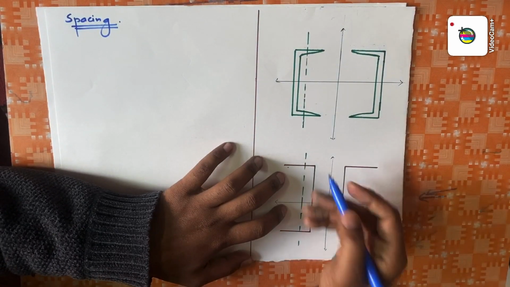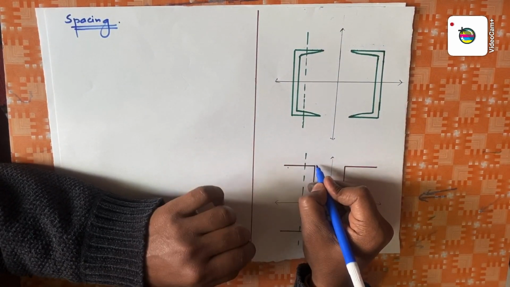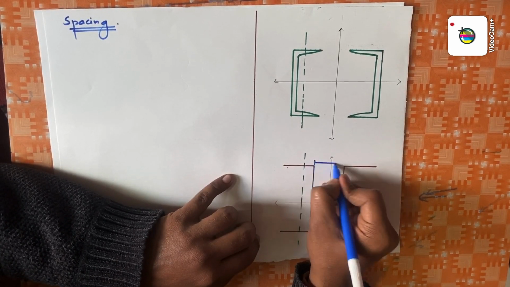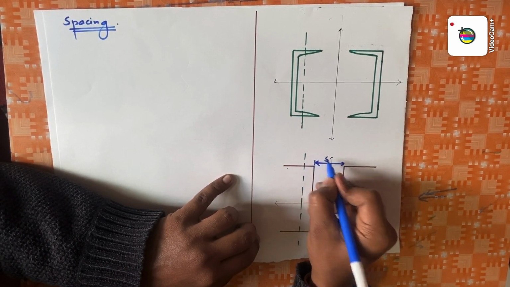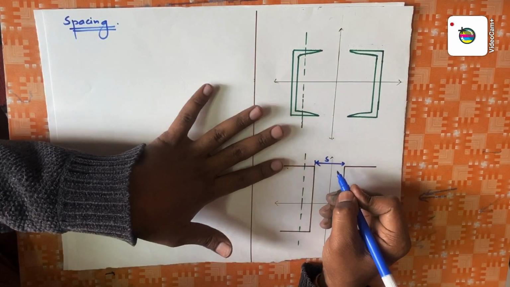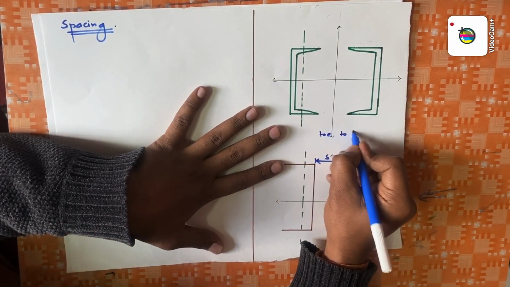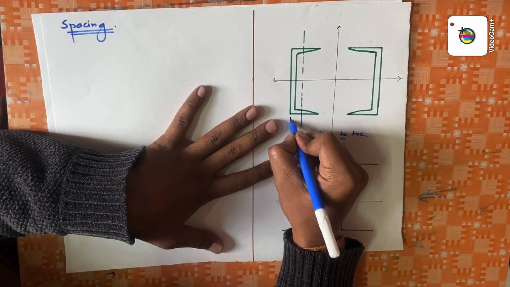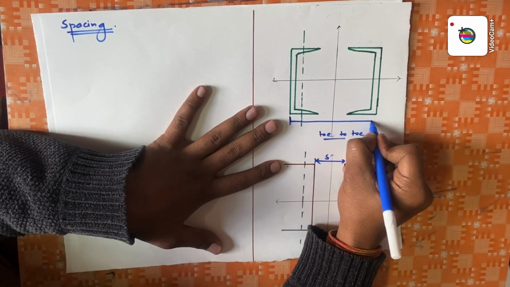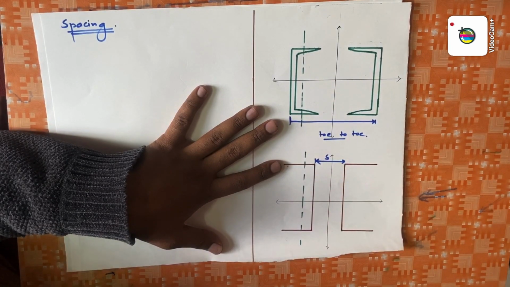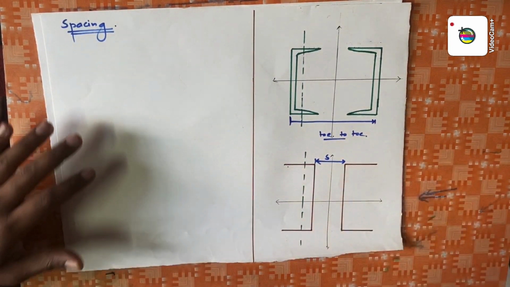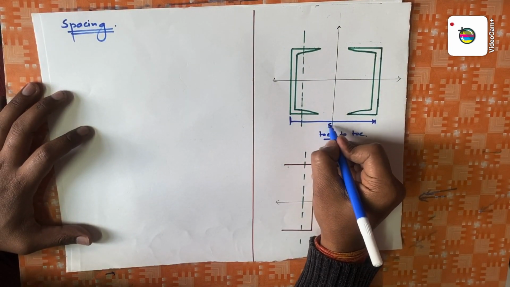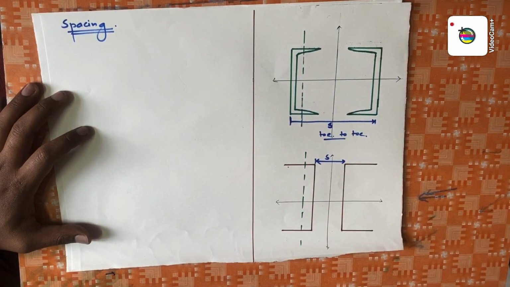The spacing is the distance between the edge of the first channel to the edge of the second channel, known as S. Similarly, even in this case, that is tau to tau connection, the spacing is the distance between the edge of the first channel to the edge of the second channel. In total it is written as S.